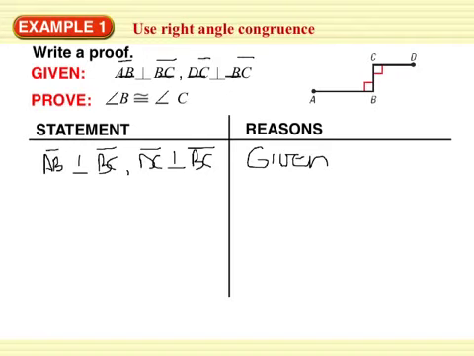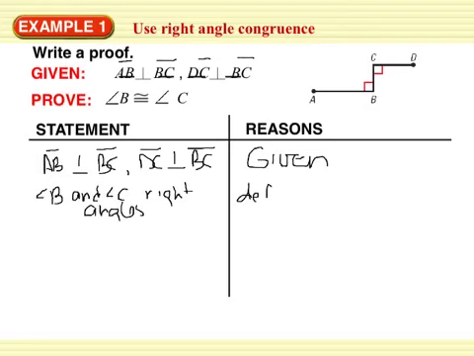We know that angle B and angle C are right angles because of the definition of perpendicular angles. Sorry, perpendicular lines.